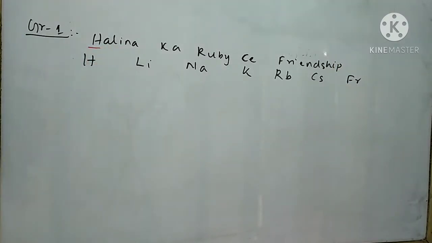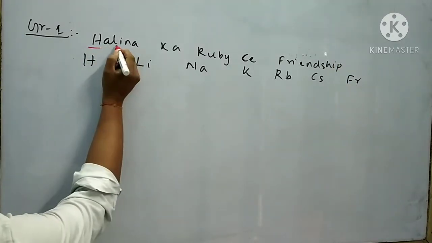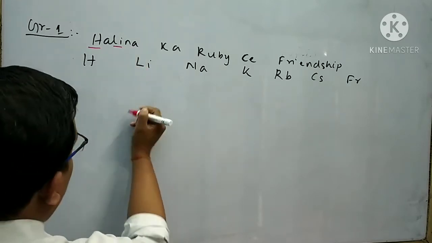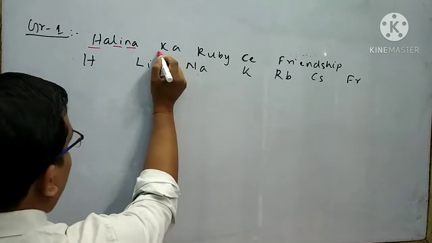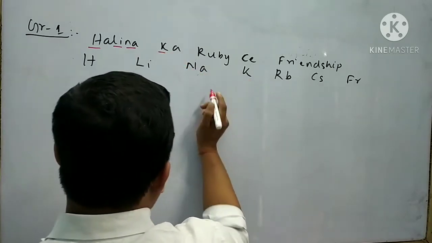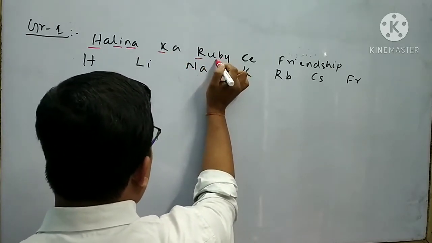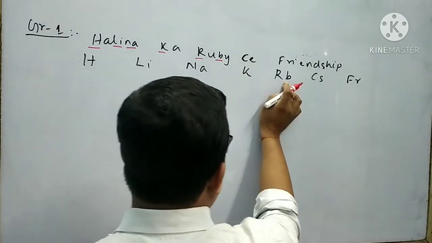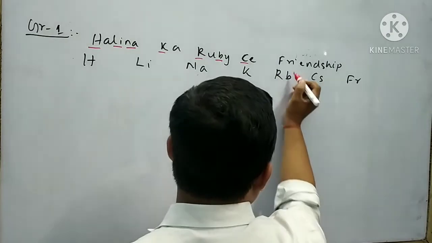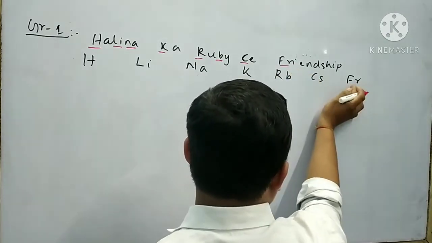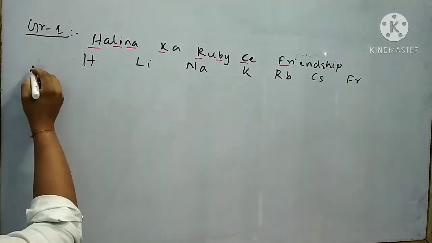This H indicates hydrogen, this Li indicates lithium, this Na indicates sodium, K indicates potassium, R and B indicate rubidium, C indicates cesium, Fr indicates francium.